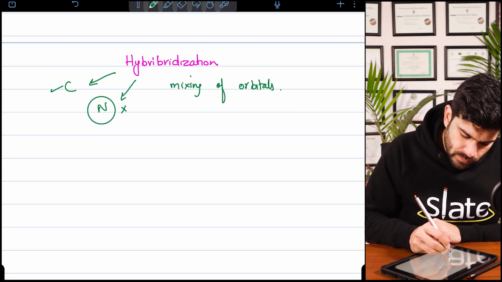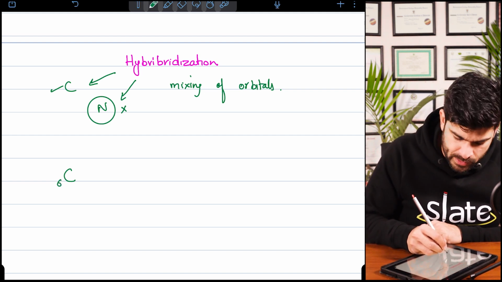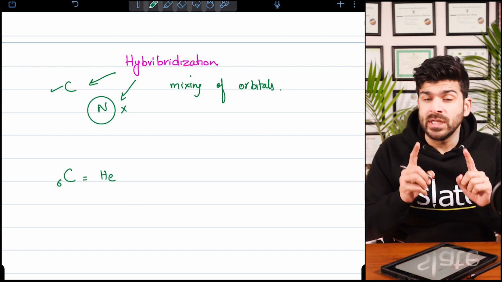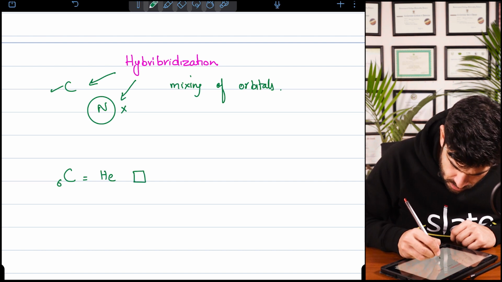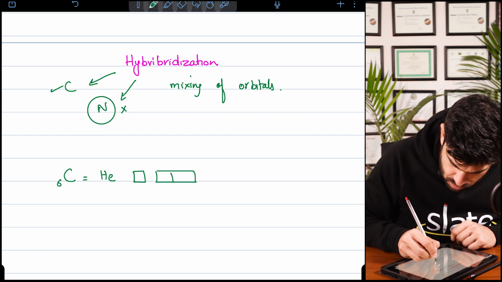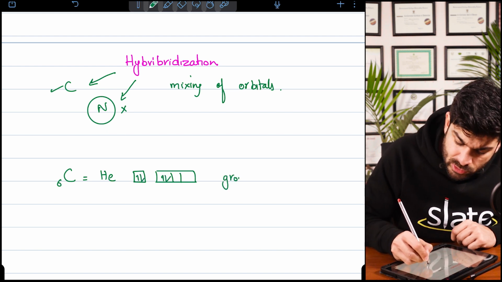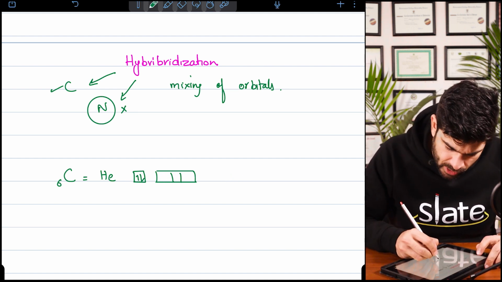So, for that, we need to understand the electronic configuration of carbon. Remember, only the outermost electrons and orbitals matter. This is the ground state. Sorry, that's a wrong figure.